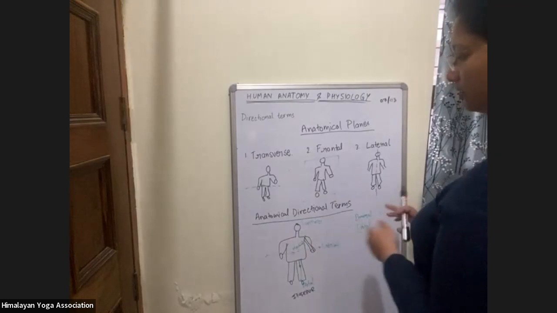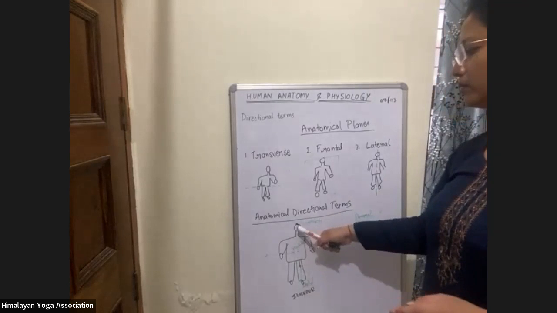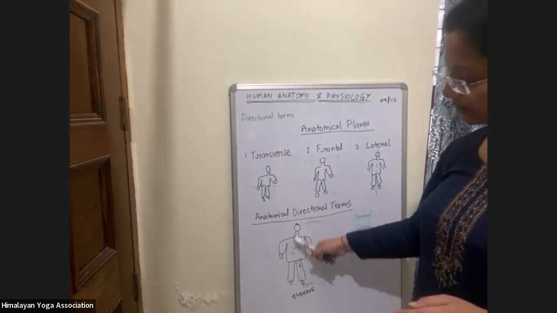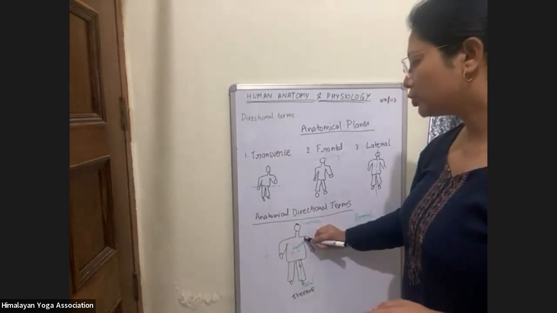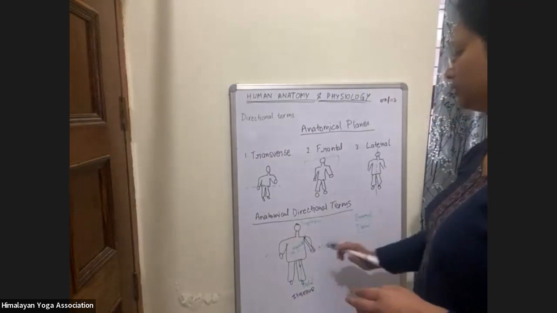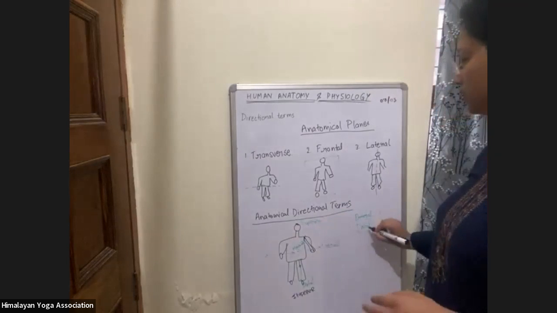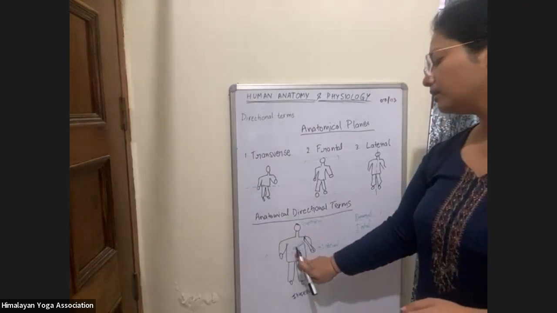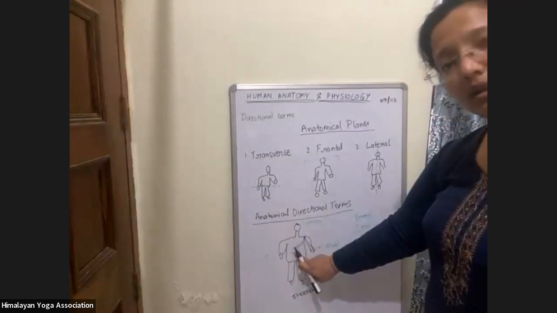So we have three sets of terms. One is superior and inferior. If it is towards the head, it is called superior. If it is away from the head, it is called inferior. If it is at the joint of the limb, it is called proximal. If it is towards the end of the limb, it is called distal. If it is towards the middle of the body, it is called medial.